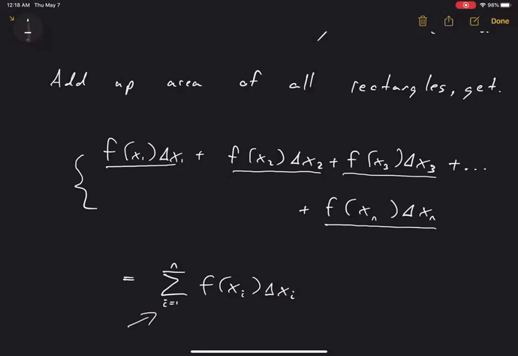And what it means is we're going to add up everything that looks like this, f(xi) times delta xi, starting when i equals 1 and going up until i equals n. So that's just shorthand for what we have written above. These two things are the exact same. They're equal.